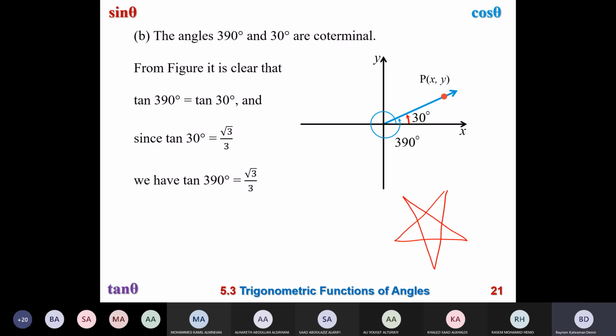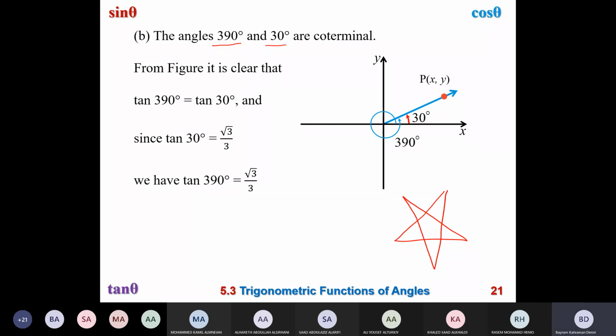And if you remember, how do we find the coterminal? Do you guys remember? Yes, by subtracting 360. Exactly. Subtract 360. So 390 minus 360 equals 30. So they are coterminal, everybody. 390 and 30 degrees are coterminal.